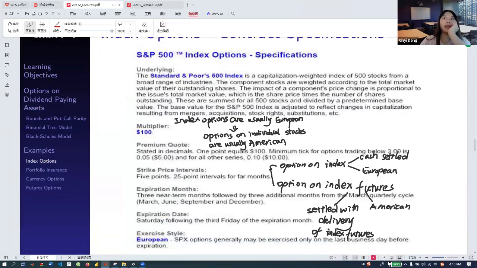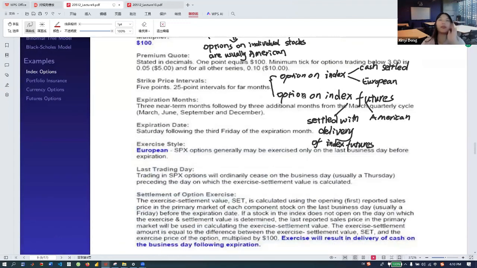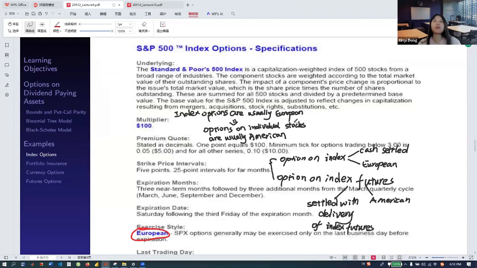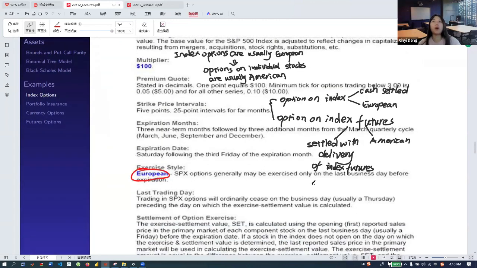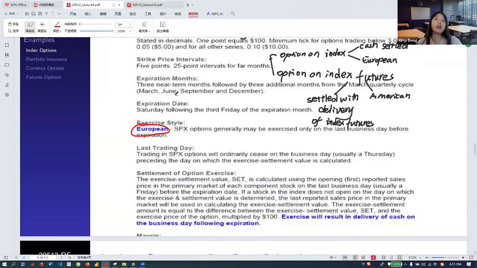For index options, they are usually European. You can also see this from this S&P 500 index option. So it's European. Whereas the options on individual stocks are usually American in practice. Also, the options on an index are usually cash settled.